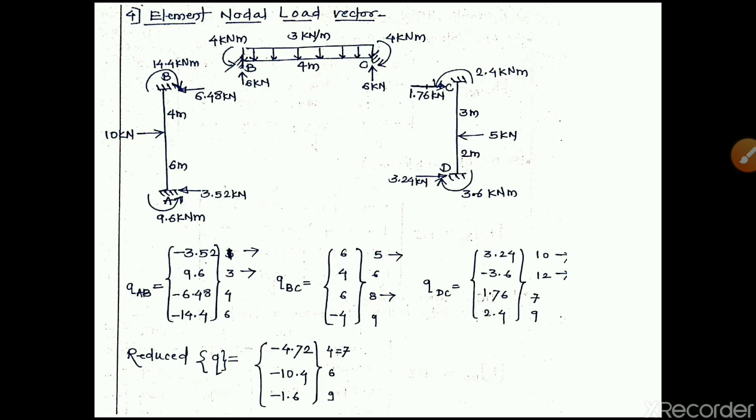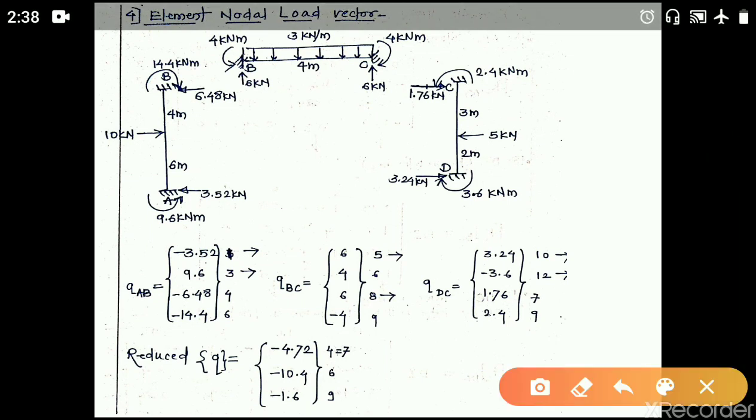So for this, consider all elements separately with all supports as fixed support, that is, restraint support. Firstly for member AB, the load is shown over the beam and the lengths are shown here. Accordingly, these fixed end moments are calculated.